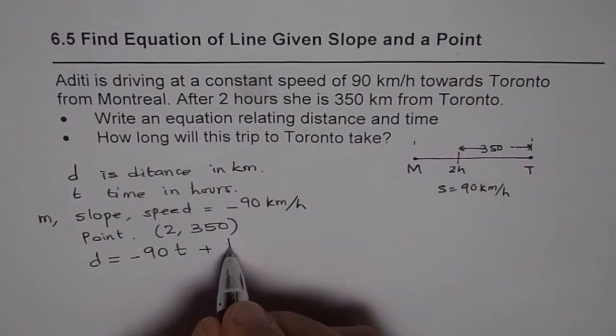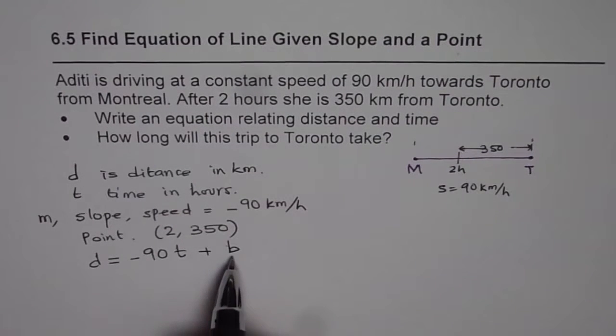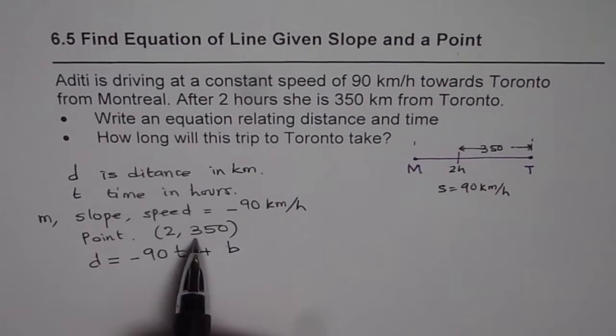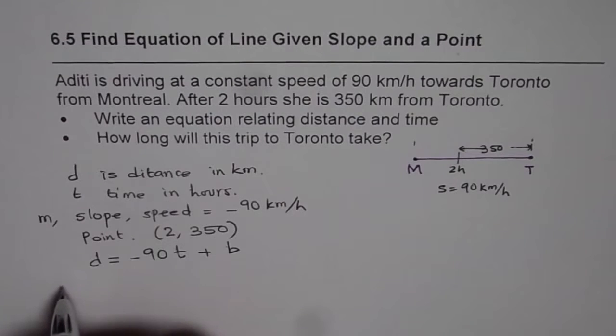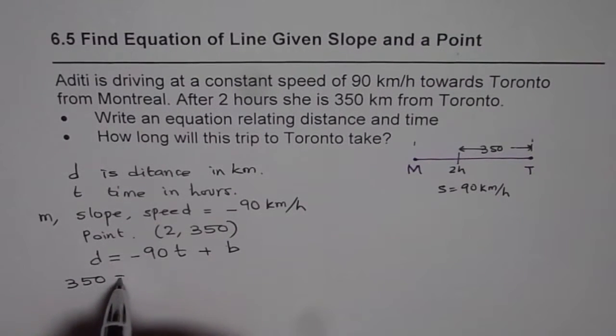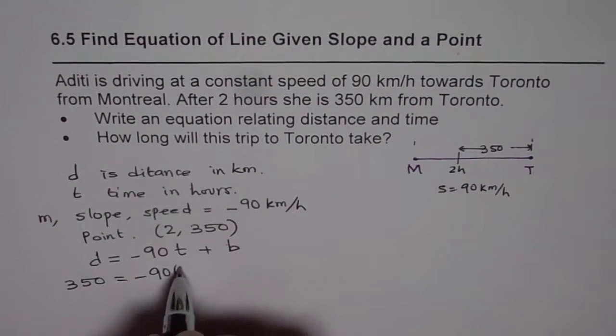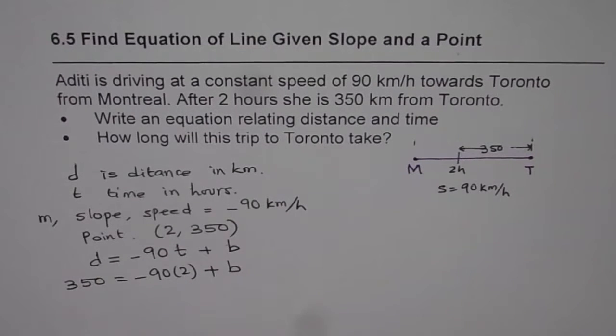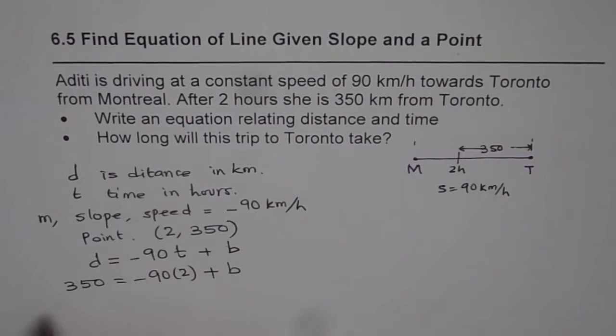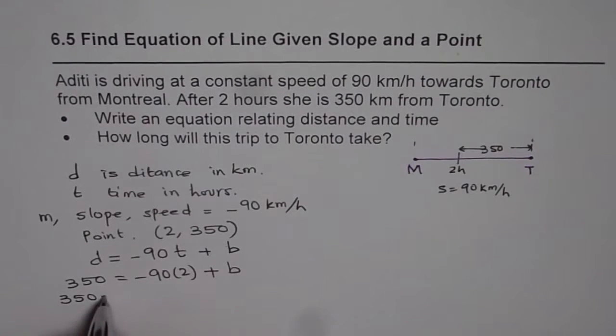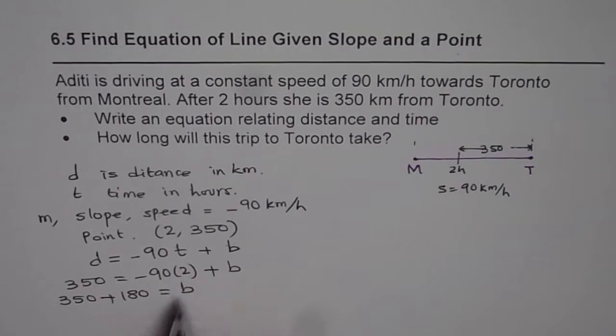plus b. Now to find b, we can use the given point, which is after 2 hours, distance is 350. So we write 350 for d equals minus 90 times 2 plus b. From here, we can calculate the value of b, which is 350 plus 90 times 2, which is 180, equals b.